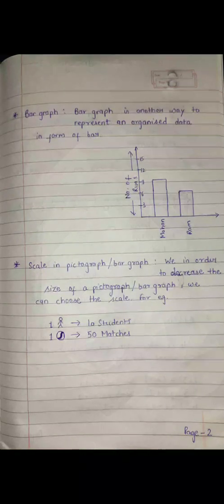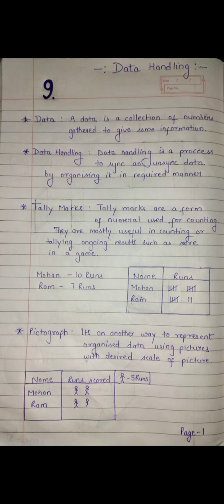One ball represents 50 runs, or 50 fours, 50 sixes, 5 wickets. You can represent that with a ball, bat, or other pictures, to decrease the size of the pictograph or the bar graph with the help of a scale. So this is an overview of the chapter, and the rest of the things will be discussed in the exercises.